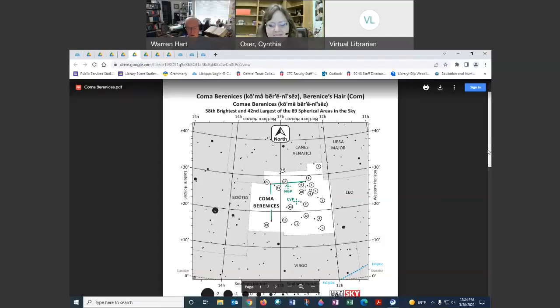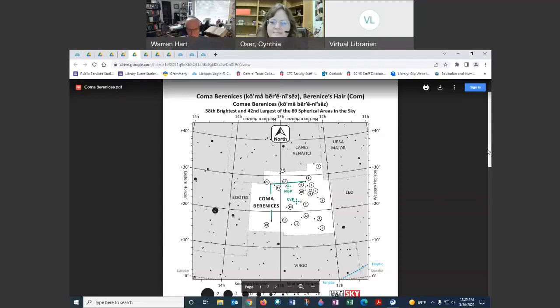That's the locks of her hair. And then the other part, 8 and 20 and 19, could be her tiara or something like that, that she has around her forehead and her head there.